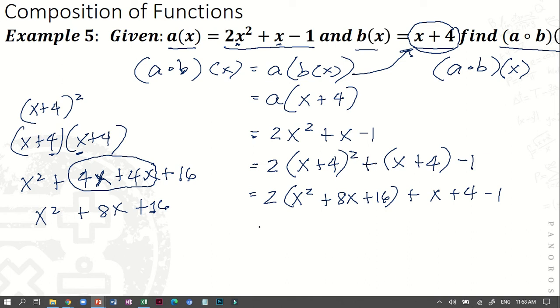Okay, then magkakaroon ngayon tayo dito ng distributive multiplication. So multiply natin ng 2 by x squared, isa, 2 times 8x, dalawa, at saka 2 times 16, tatlo. Okay? So meron tayong distributive multiplication.